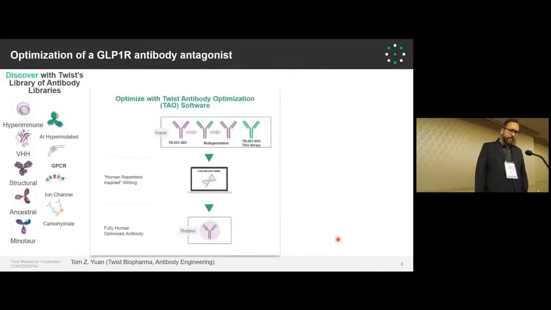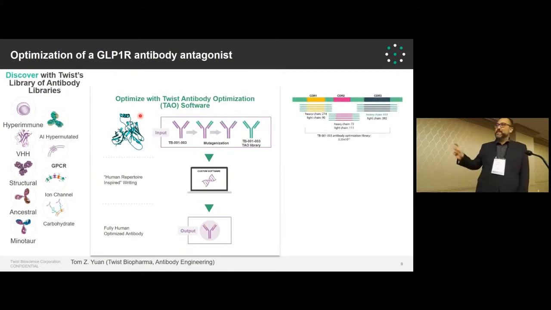So I talked to you about how we found this original GLP-1 antagonist from the GPCR library. We have another platform for affinity maturation we call Twist Antibody Optimization. So here we're building a whole library around this one molecule that has high affinity for GLP-1R.